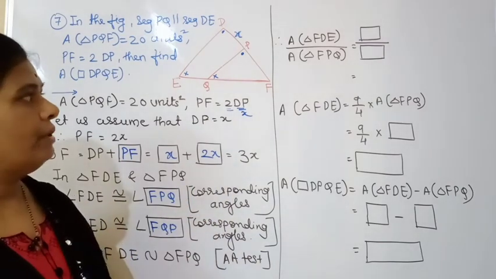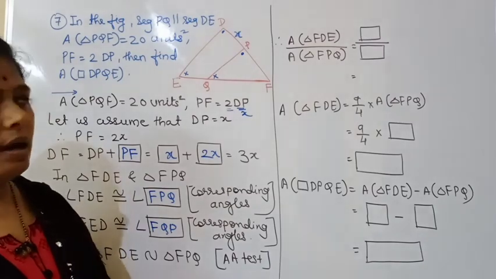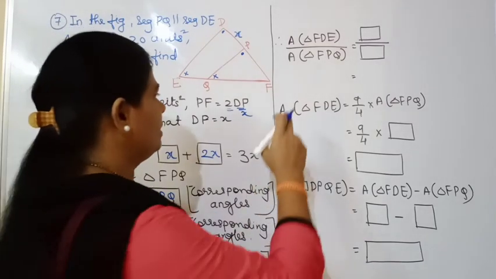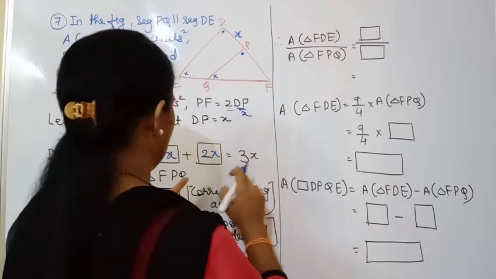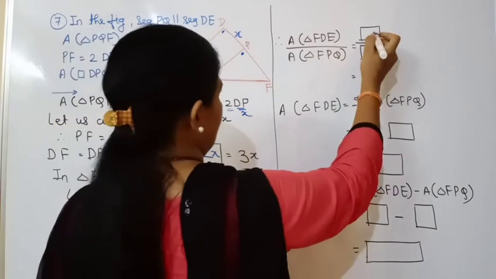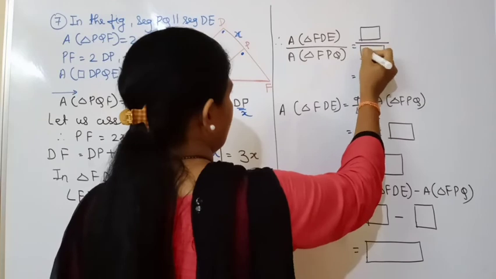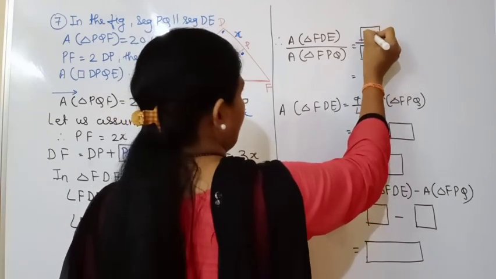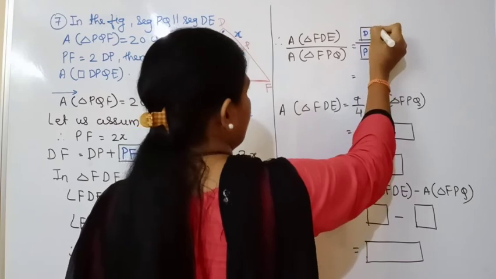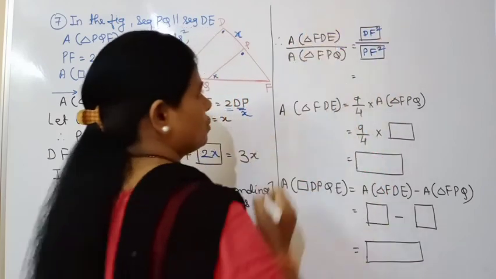Area of triangle FDE upon area of triangle FPQ. So we will write here FDE. We have the measurement of 2X for PF, so we will write here PF, and here DF. So DF square upon PF square.